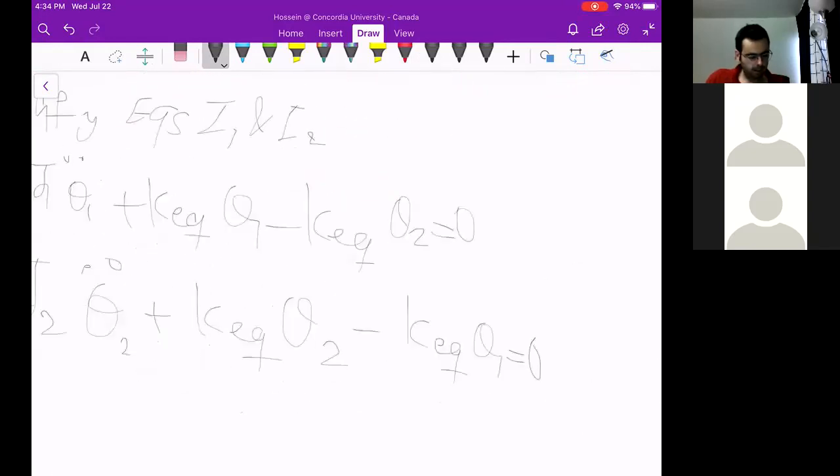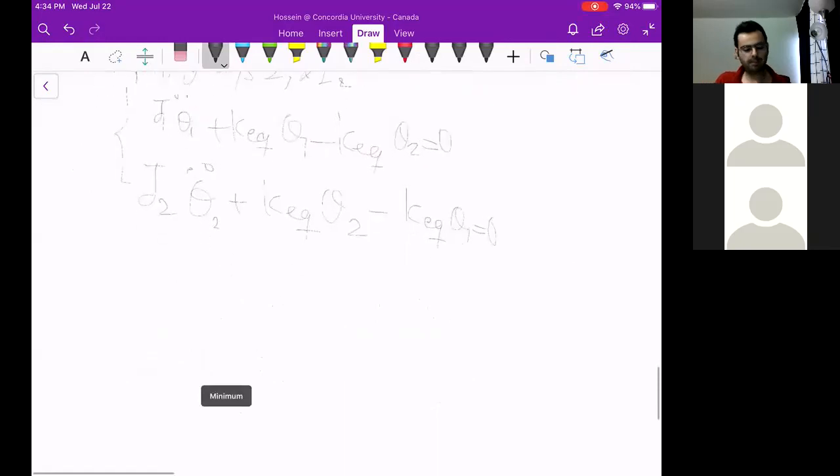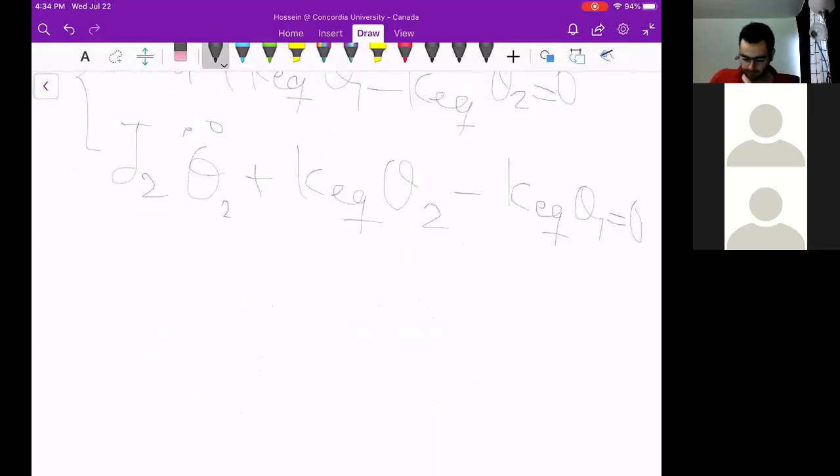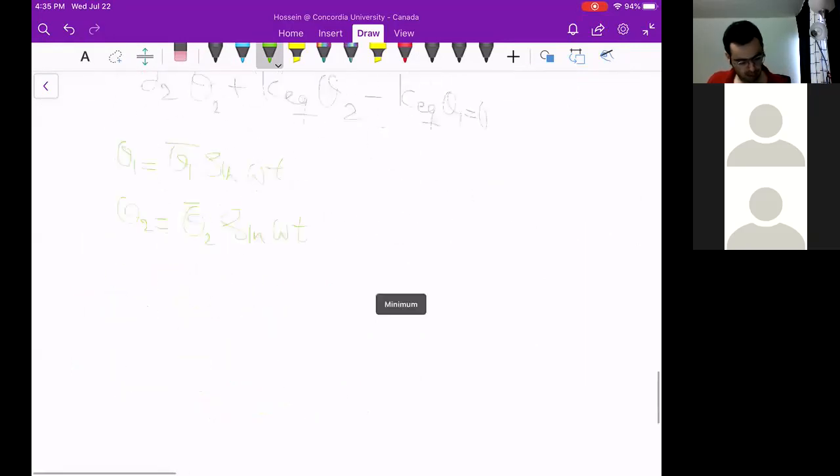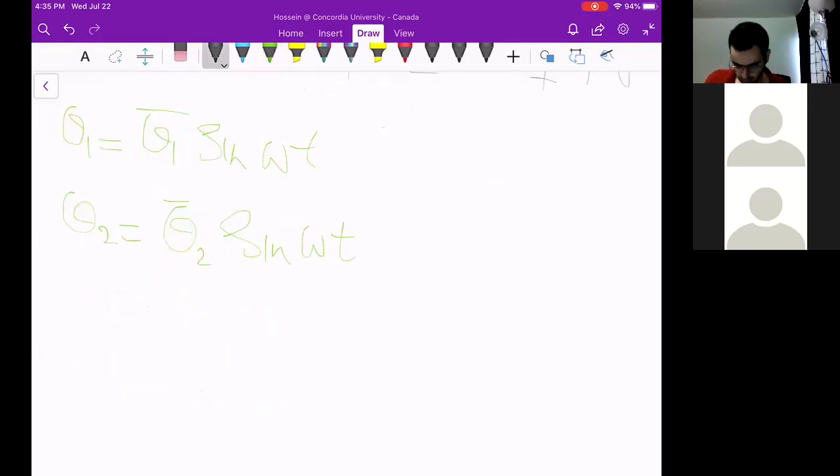So I can easily transfer this equation of motion into a matrix format by the assumption of harmonic response for theta 1 and theta 2: capital theta 1 sine of omega t, and theta 2 would be capital theta 2 multiplied by sine of omega t.